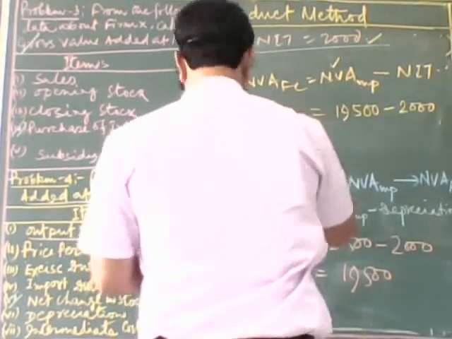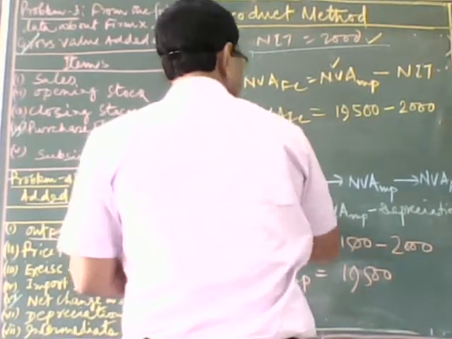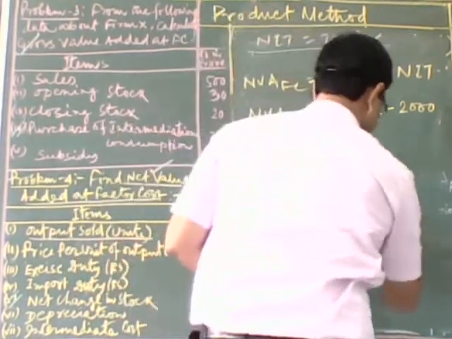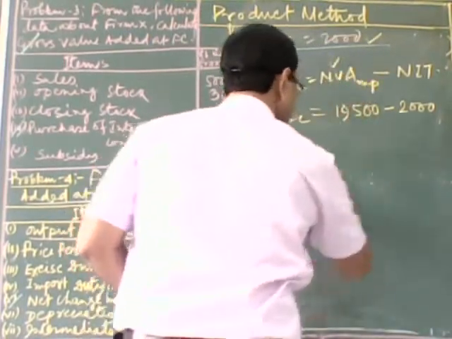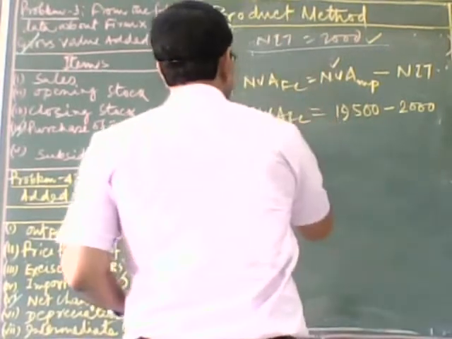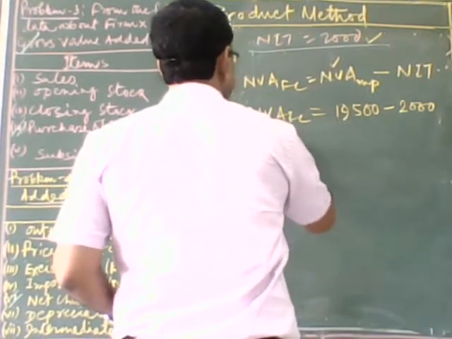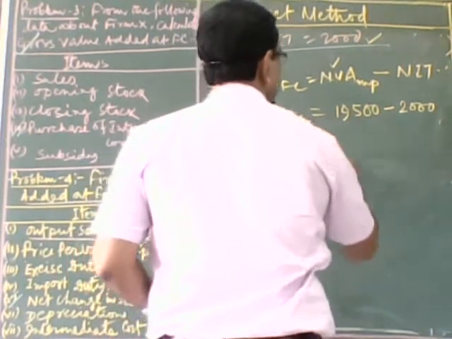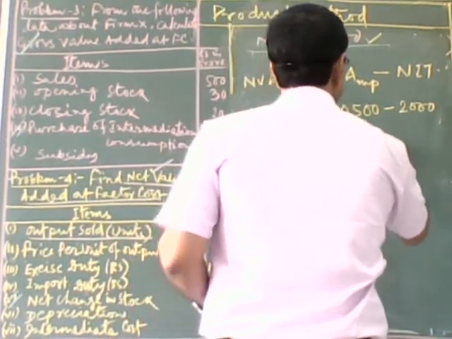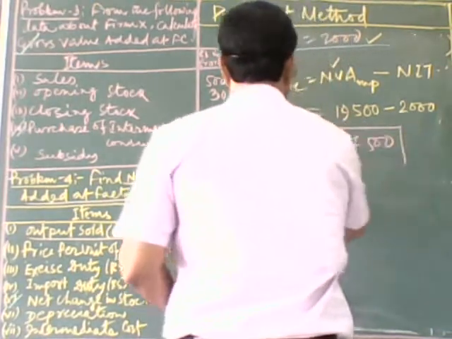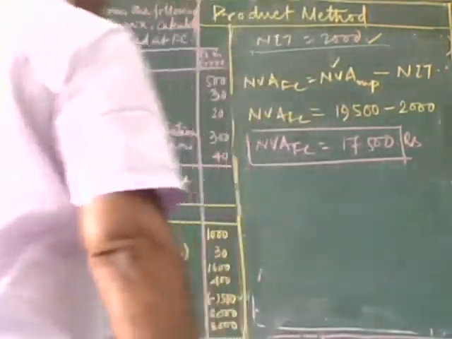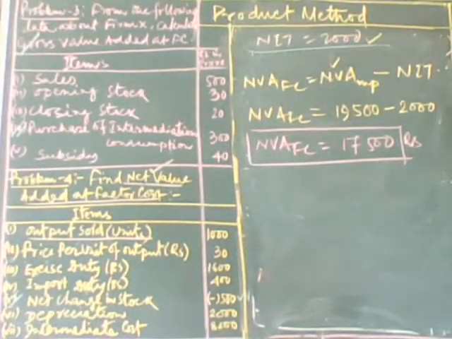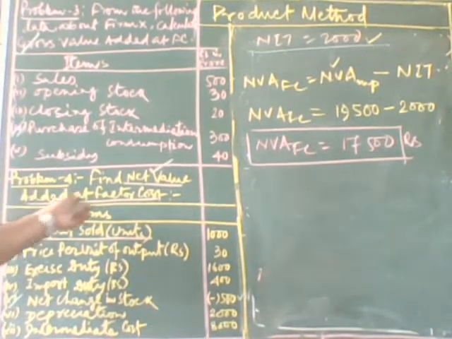Therefore, NVA at factor cost is equal to 17,500 rupees. So this is the answer of net value added at factor cost.